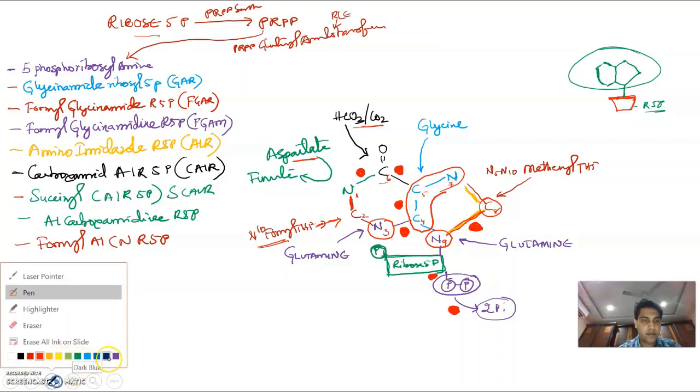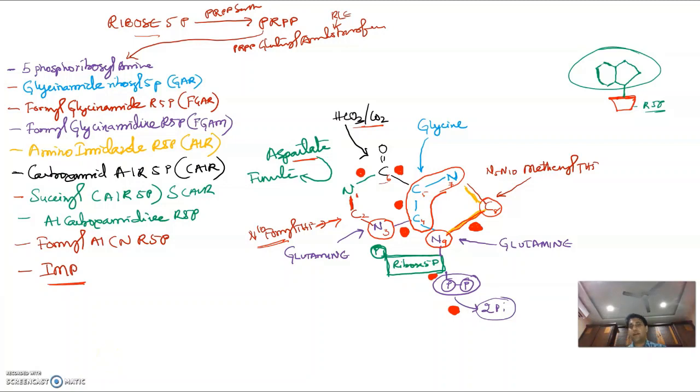Let's go with dark blue for the inhibitors. The first glutamine that is added by our enzyme PRPP glutamyl amidotransferase is inhibited by diazonorleucine.